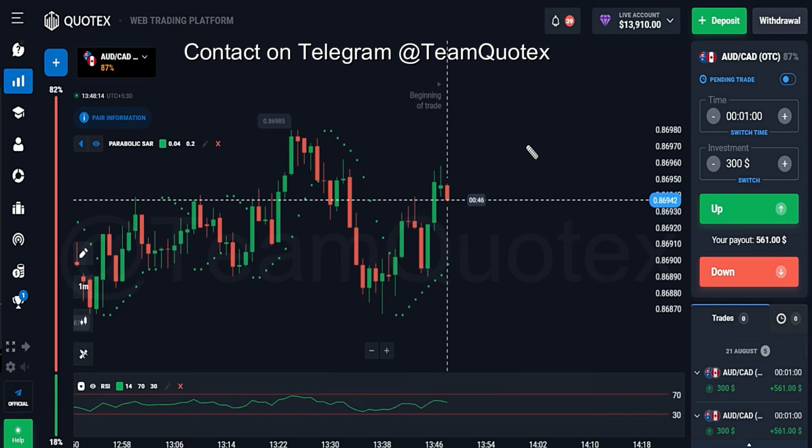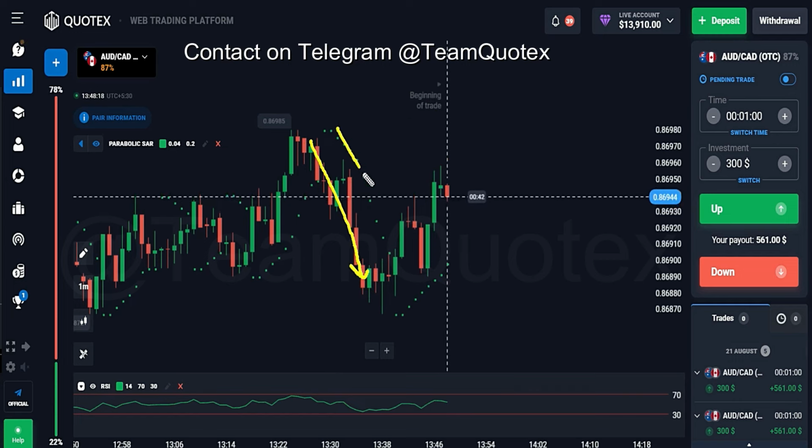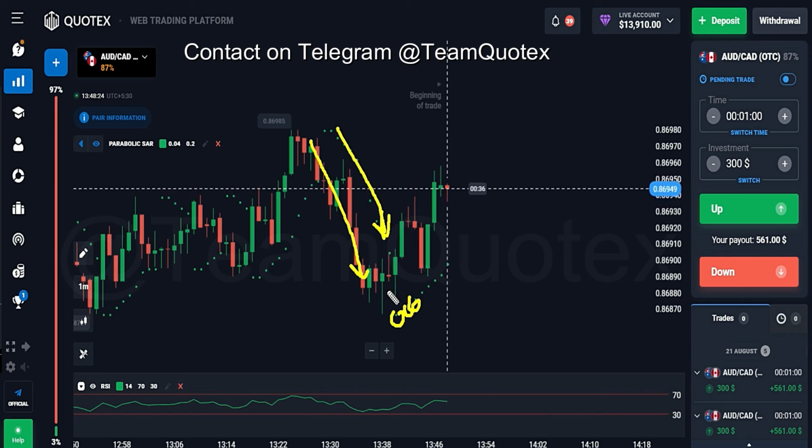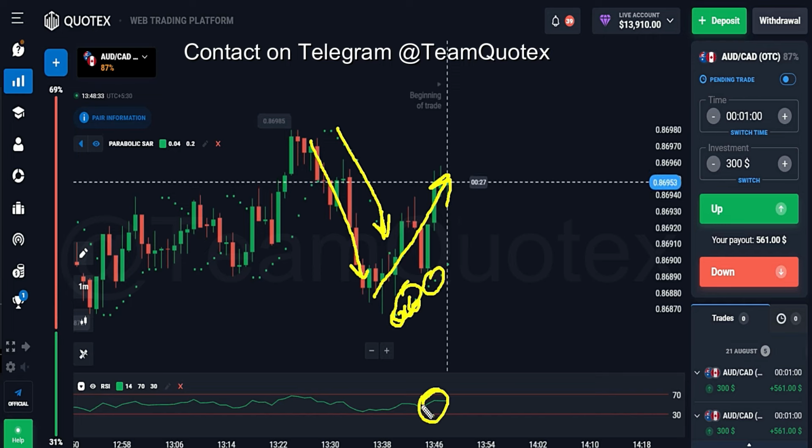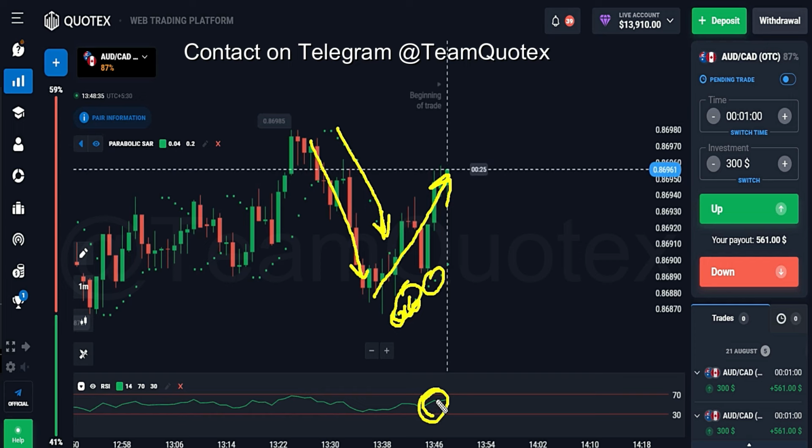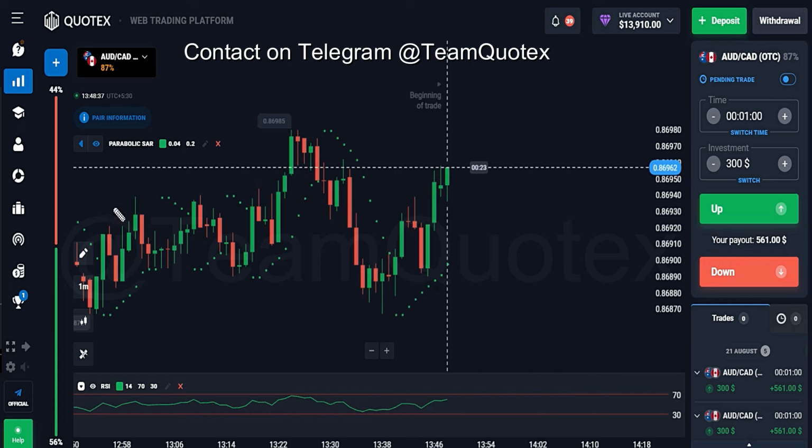Same, you can see this price is coming in down direction, parabolic is supporting, and here parabolic shifted from above to below, and now the market is going in up direction. So these are all the confirmations we are getting from the parabolic and RSI. That's why we are using this combination, and we can make huge profits.